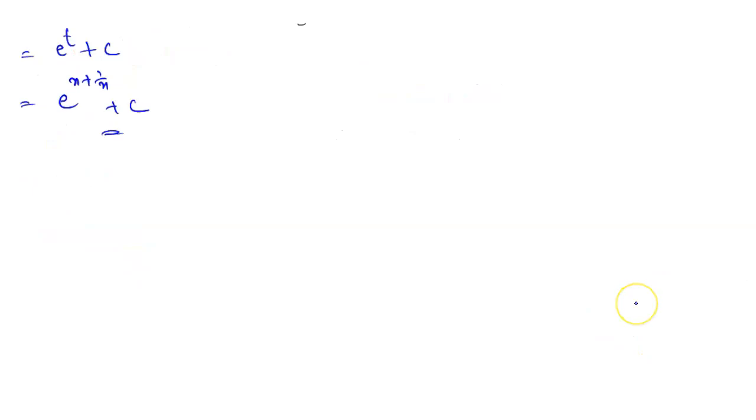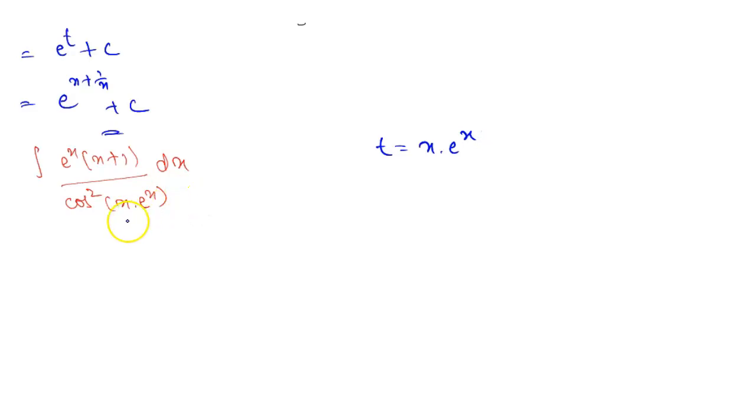Now the next question is integral of (x plus 1) by cos square of (x into e power x) into e power x dx. So here I am taking t is equal to x into e power x.